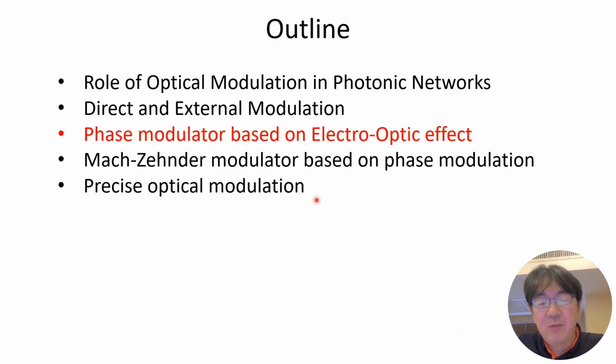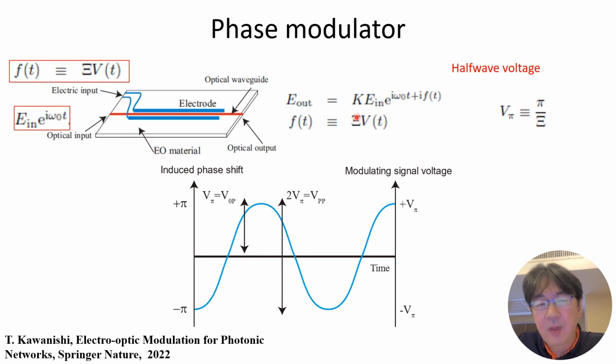Okay, I would like to move on to the next topic. Phase modulator based on electro-optic effect. As I mentioned, by using the electro-optic material, we can control the refractive index. In other words, we can change the optical phase. So by using the simple configuration, we can configure the optical phase modulator. Here's an example of optical phase modulator structure.